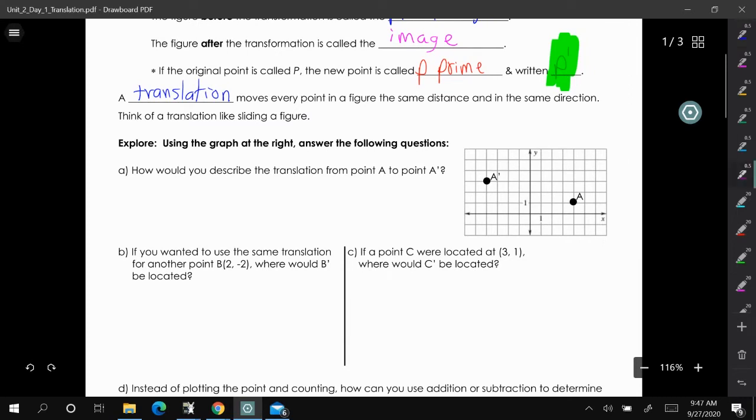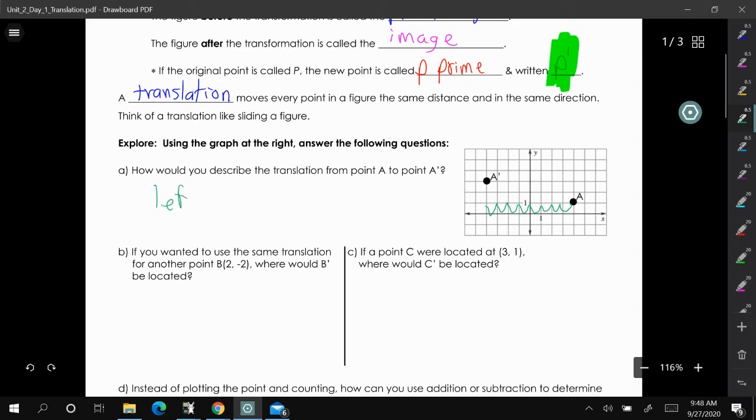So let's look at this example and explore a little bit. If we have from A to A prime, and we just look at how far we go, we're going left 1, 2, 3, 4, 5, 6, 7, 8.